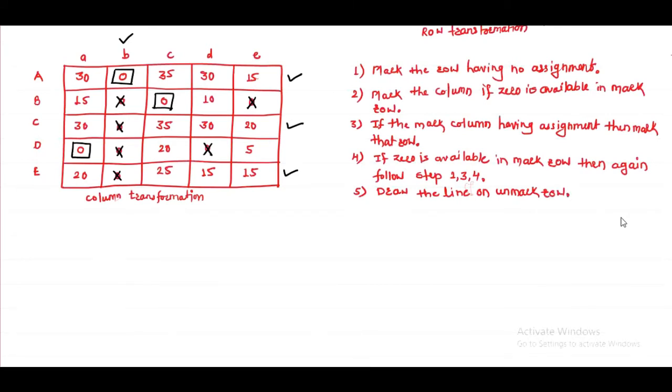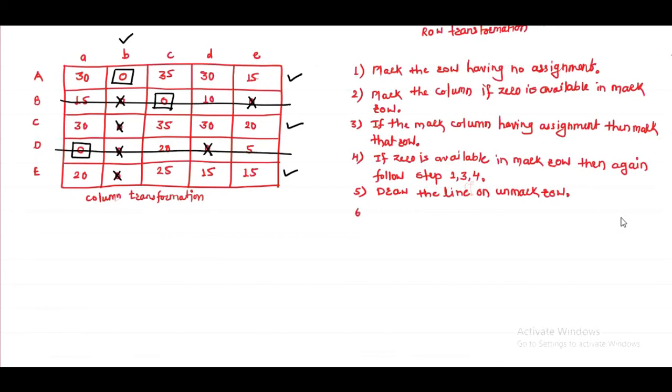Unmarked row means if we consider this matrix, first row, third row and fifth row are marked rows, whereas second row and fourth row are unmarked rows. So the fifth step is draw the line on unmarked rows. So we will draw a line on the unmarked rows, that is the second row and fourth row.